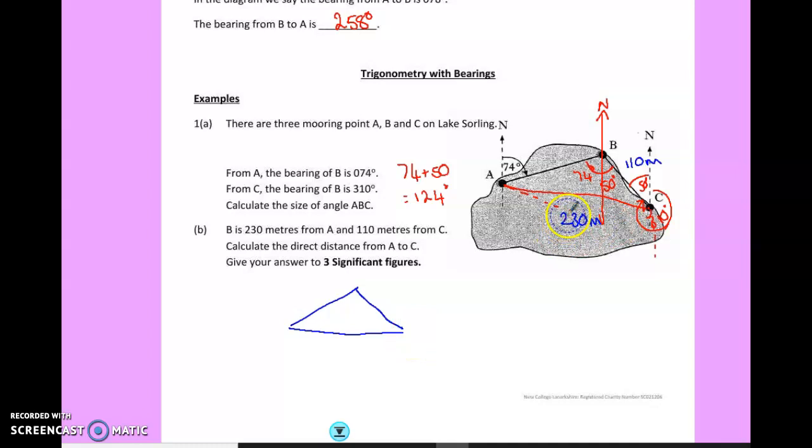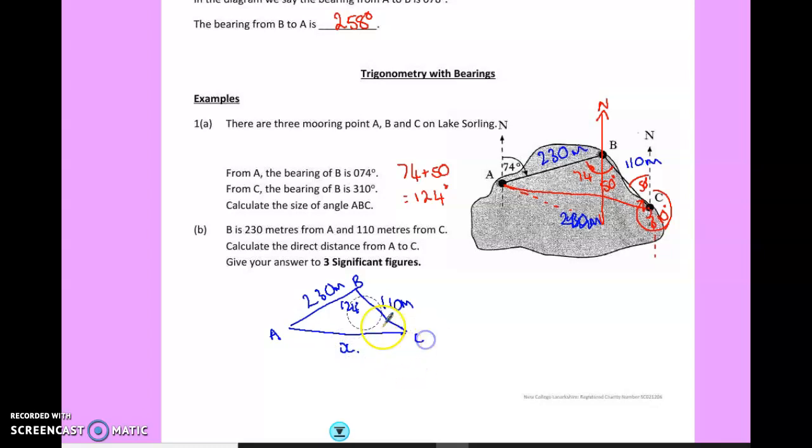I have, it shouldn't be there. B from A is 230 metres. That's my A, that's my B, that is 124 degrees. We're only looking for lengths inside the triangle, so that's 110 metres, and I want to find the length of this one here.